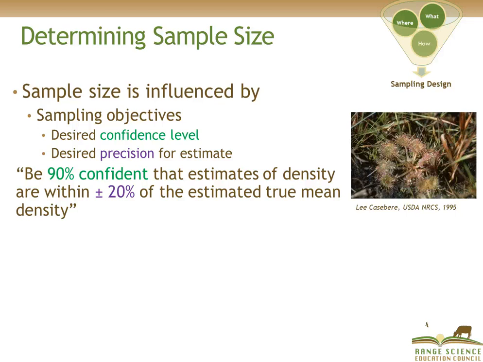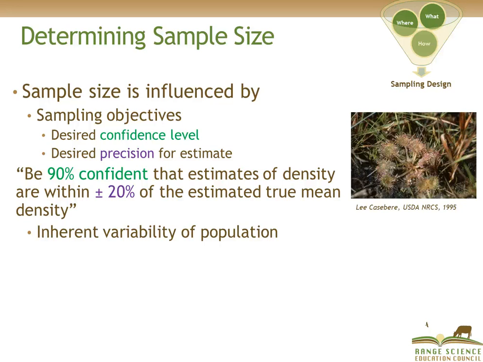So, for example, if we state that we want to be 90% confident that our estimate of density is within plus or minus 20% of the estimated true mean density, that is going to drive or greatly influence the required sample size.